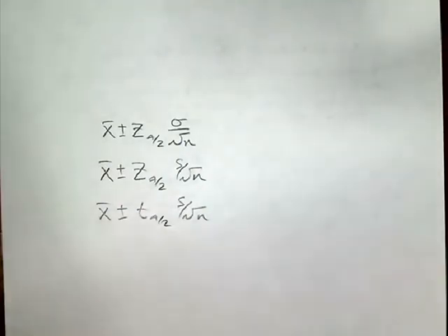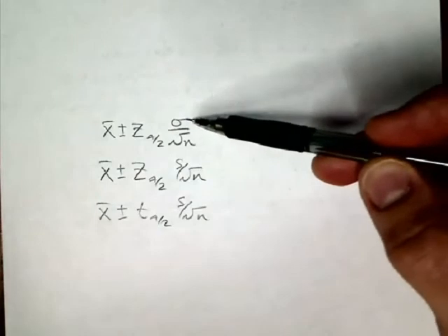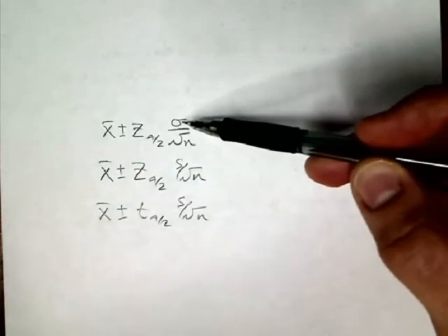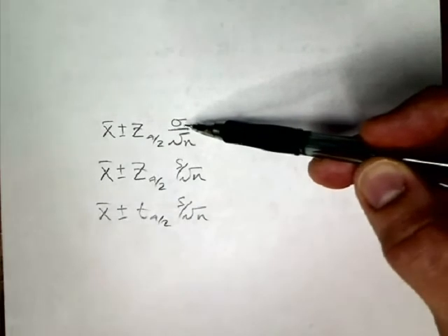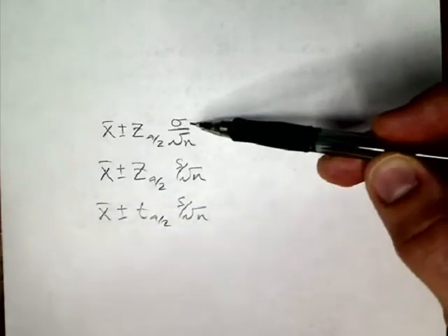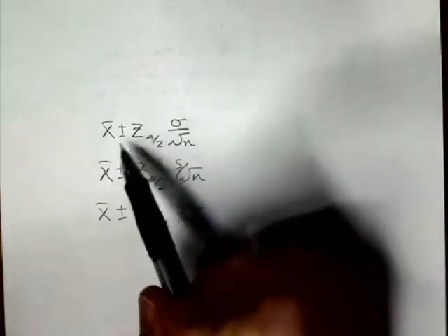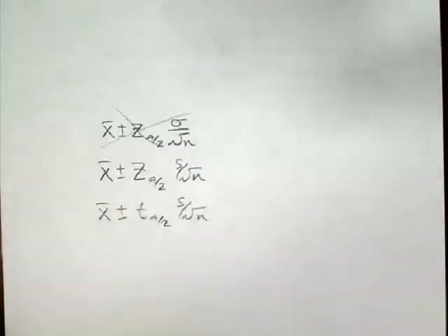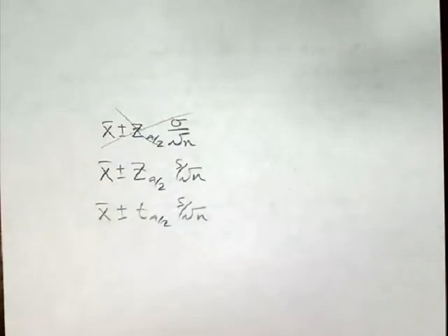Well, the first formula requires that sigma is known, the population standard deviation. Well, nowhere in the problem setup did we say anything about knowing sigma. And you don't get sigma from a sample data set, so we can't use this one. Okay. Well, what about this formula here?